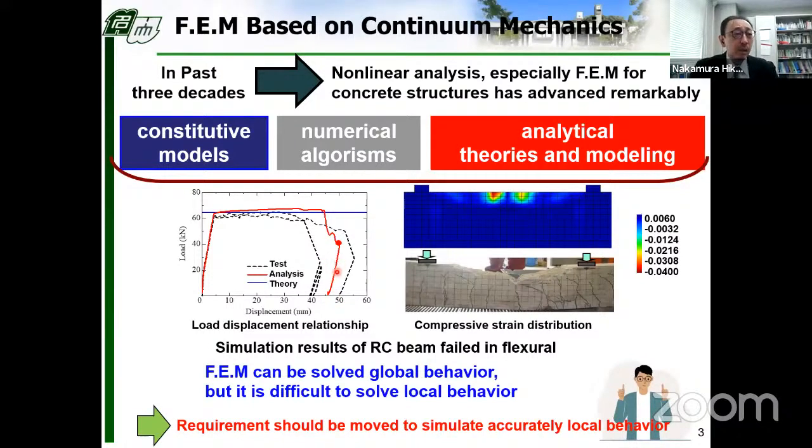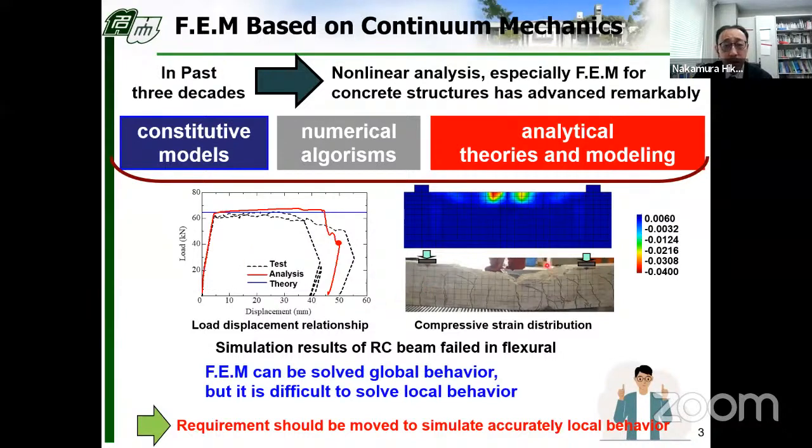First, I would like to talk about the finite element method. In the past three decades, nonlinear analysis, especially the finite element method for concrete structures, has advanced remarkably. Of course, this was achieved by combining constitutive models, numerical algorithms, and analytical theories and modeling. But there are some problems.